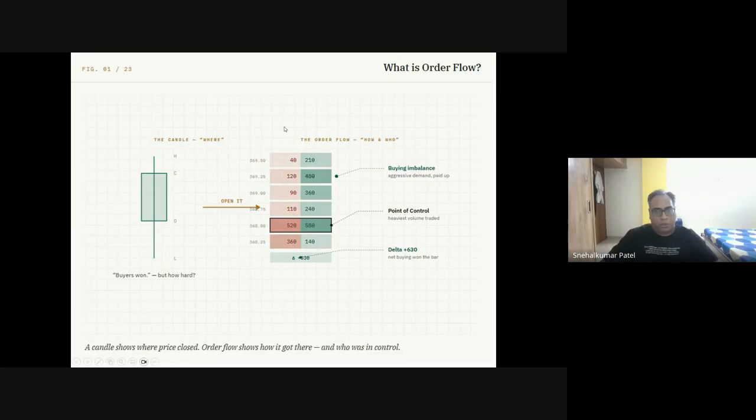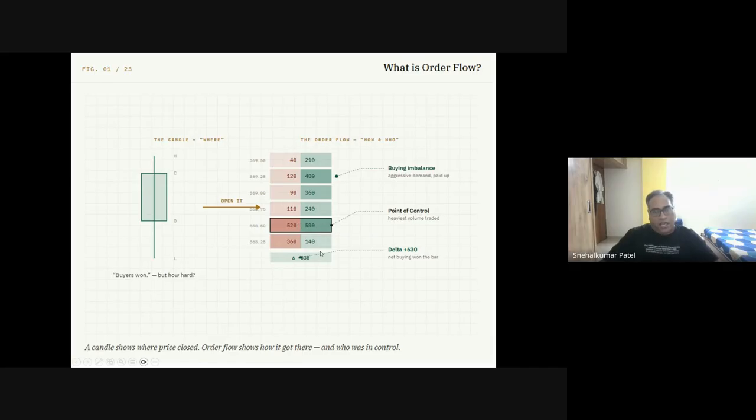I will show shortly a chart where we can look at this data directly, so you will get a better understanding of what I'm talking about. When there is a significant imbalance between the number of buyers and sellers, that is called imbalance. When there is maximum participation of buyers and sellers at a particular price, that point is called point of control.